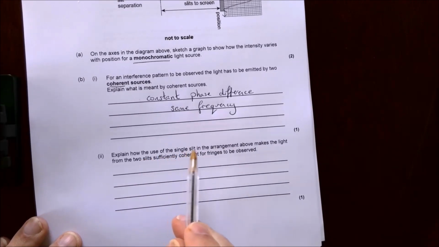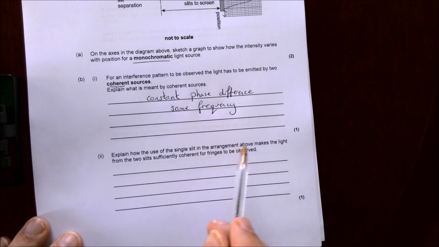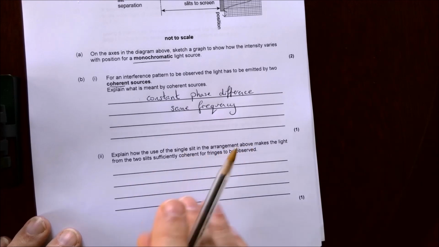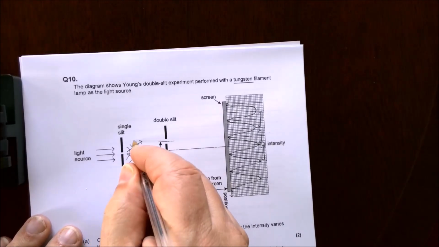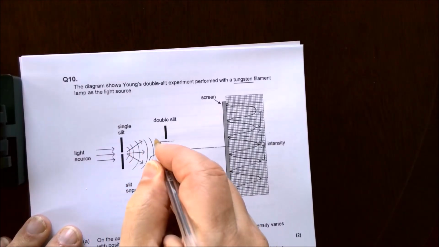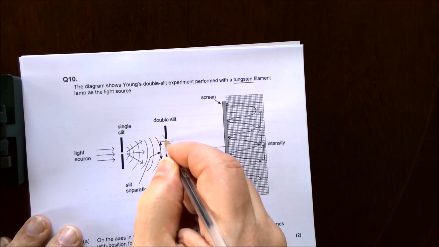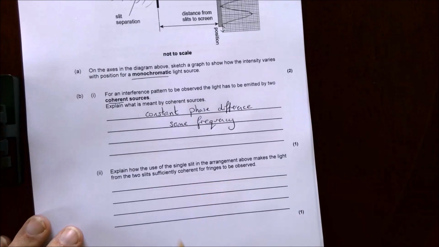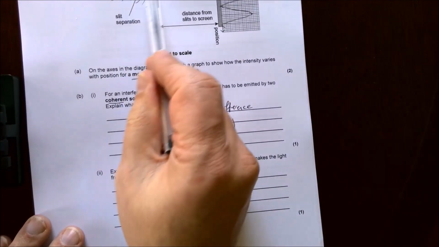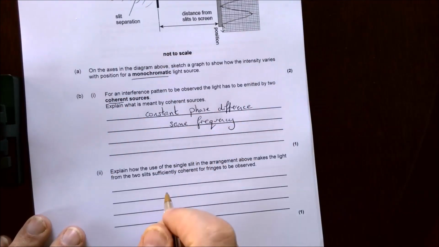Explain how the use of a single slit in the arrangement above makes the light from the two slits sufficiently coherent for fringes to be observed. So the key thing to understand here is the light is travelling through the single slit, it's diffracting as it goes through that slit, and then these two sources are therefore in phase, or if the distances aren't quite the same, at least they're still coherent.